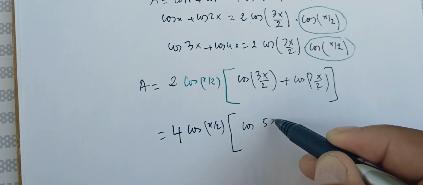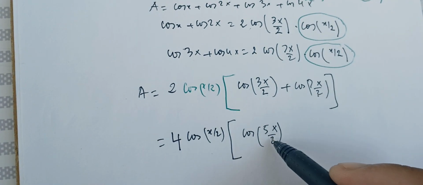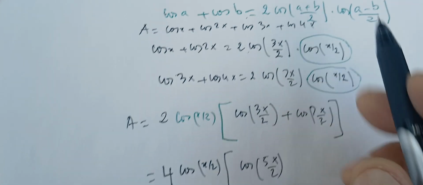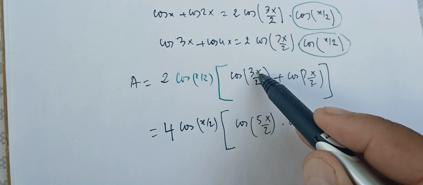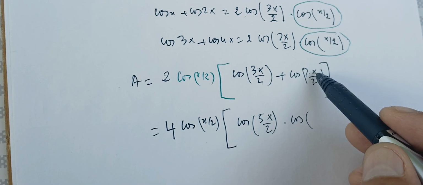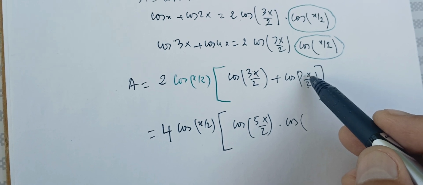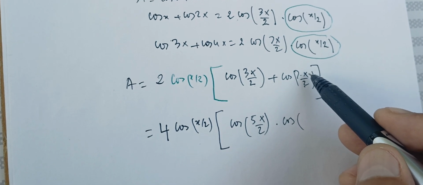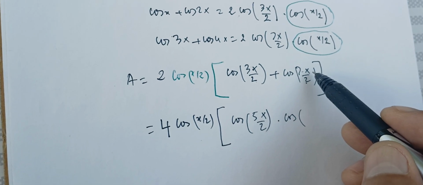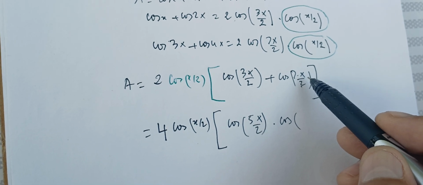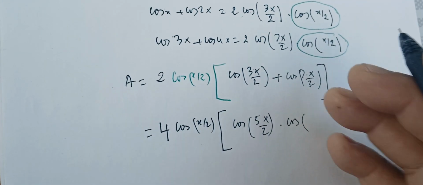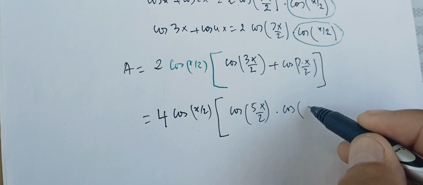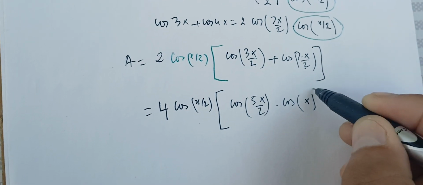This 2 is coming from this one here, times the cosine of (3x minus 7x), which is minus 4x, divided by 2. It's going to give me 2x, and I divide by the 2 coming from here. And given that the cosine is even, I'm going to have only cosine of x.